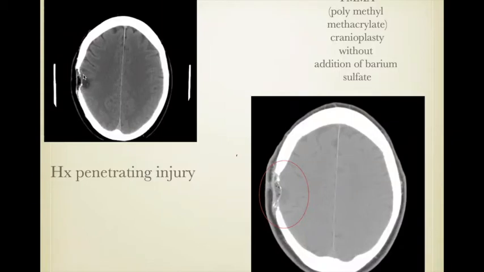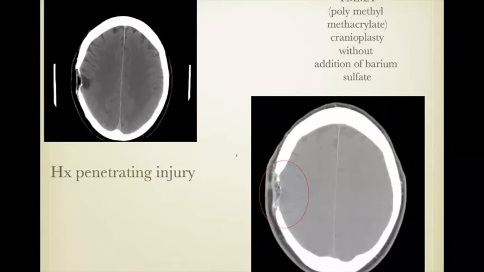Here's an area of brain low attenuation as a result of the prior injury from the penetrating injury. Portion of the skull was damaged. And now we see at the site of the injury on this window, you can see pockets of air. When you see pockets of air in the region of a cranioplasty, don't be alarmed at that.